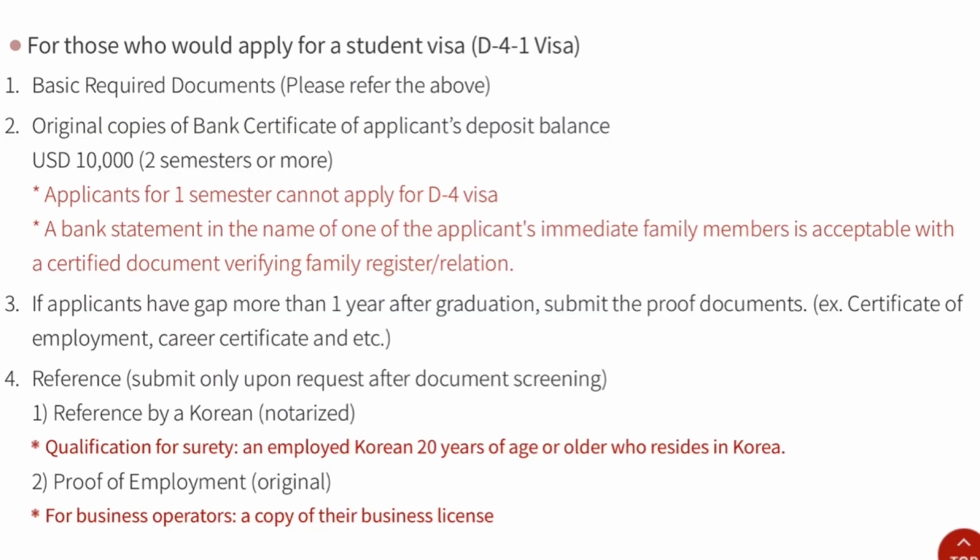I need to prepare the original copies in English of the bank certificate of the applicant's deposit balance. Make sure you have at least 10,000 USD in your bank. You can ask the bank to print out the original certificate. They will do it for you and give you the original one. Make sure it's in English.